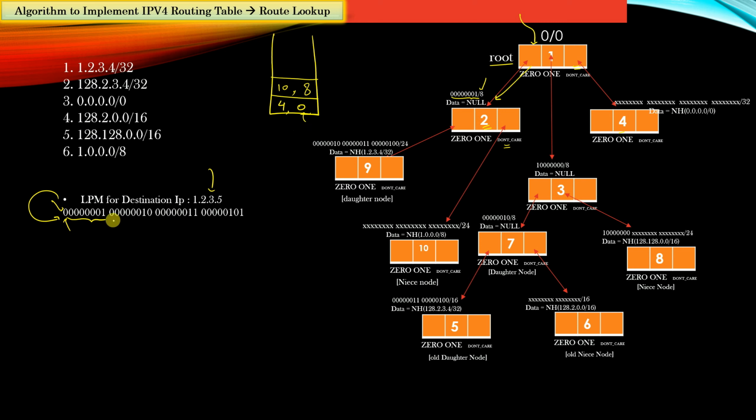So the next bit of the input string is 0, so we will take the path along the 0th child of the node 2 and we will land at the node number 9. The prefix length of the node number 9 is 24, therefore match the 24 bits of the effective prefix of the node 9 with the 24 bits of the input string.